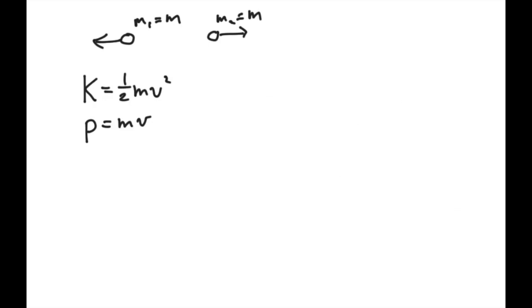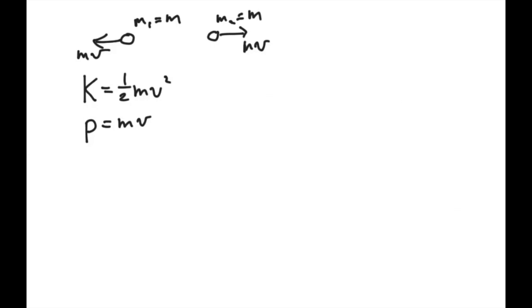In other words, force is equal to change in momentum over change in time. They'll have the same change in momentum because the total momentum should be constant, and our initial momentum was 0. So we should have the same magnitude momentum going in opposite directions, which means, given that they have the same mass, that they'll have the same magnitude of velocity.